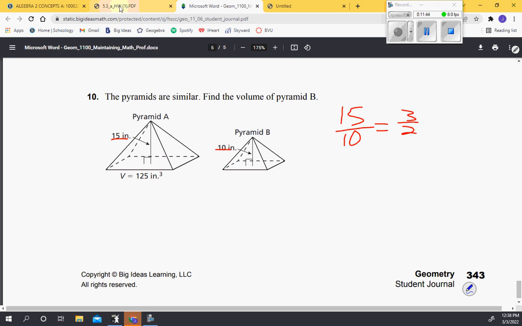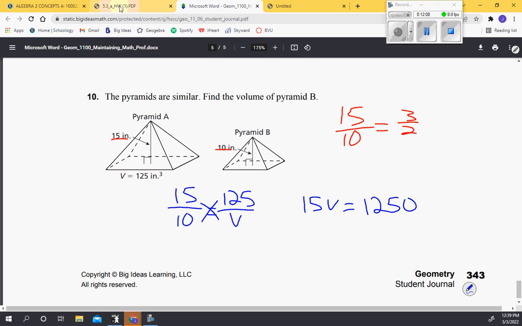The other way we can do this is set up a ratio. 15 over 10 is equal to the volume of the top over the volume of the bottom. Okay, so cross multiply, 15V is equal to 1250.